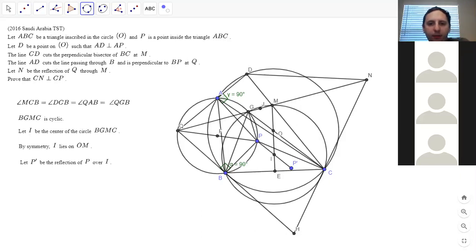So then PN is parallel to FM. I wonder if it's worth, we want to use that QM is equal to MN.